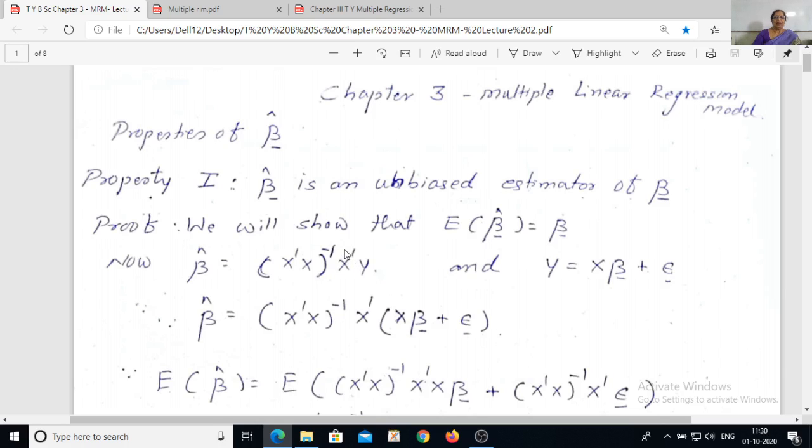In multiple linear regression, suppose we have p plus 1 variables in total, in which y is the dependent variable and x1, x2, ..., xp are p independent variables, which we also call regressors, and y depends on x. Now, in the last lecture, we estimated beta cap is equal to (X prime X) inverse X prime y.